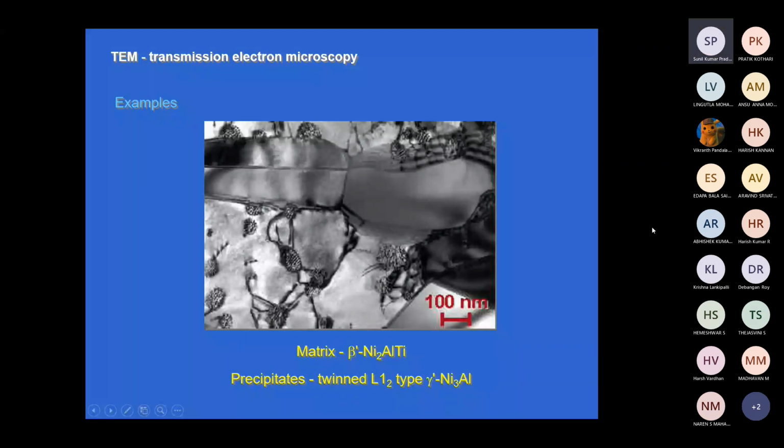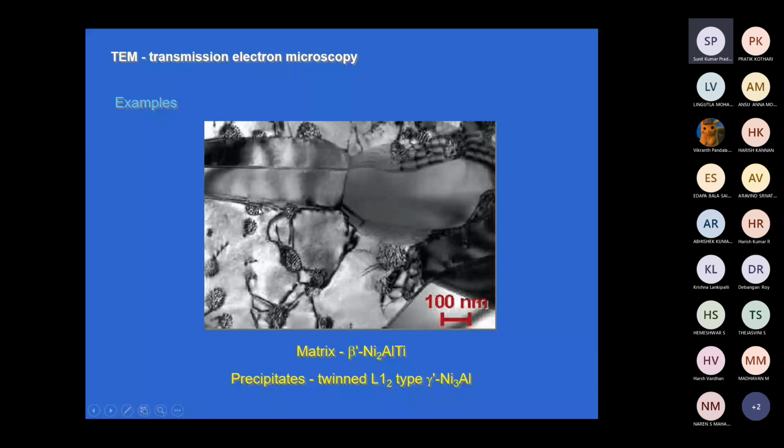Can you see this image? This image is taken by a transmission electron microscope. It is a composite matrix in the beta phase, nickel, aluminum, and titanium. You can see the composite, the grain boundaries, and we can find the different phases here.